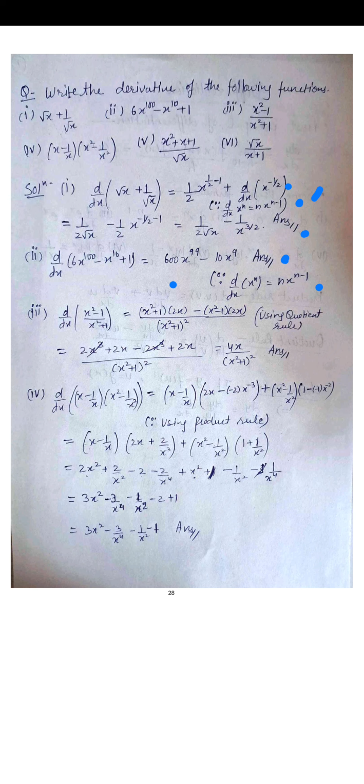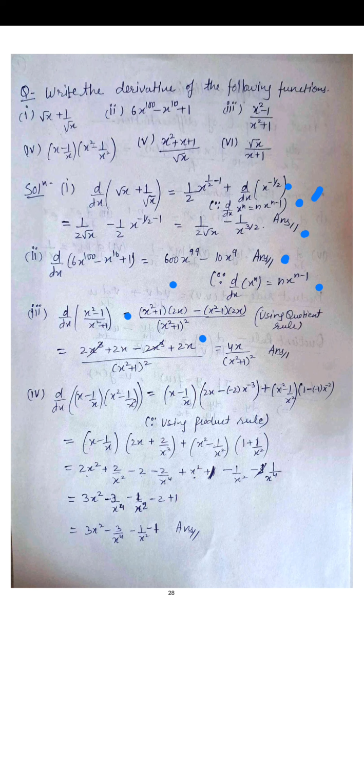Here we have another question, x square minus 1 upon x square plus 1. Here we use quotient rule. Remember it, square of denominator into derivative of numerator. Here numerator is x square minus 1. What is the derivative of x square minus 1? Derivative of x square is 2x and derivative of 1 is 0.